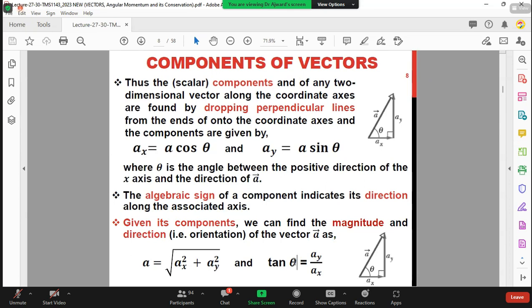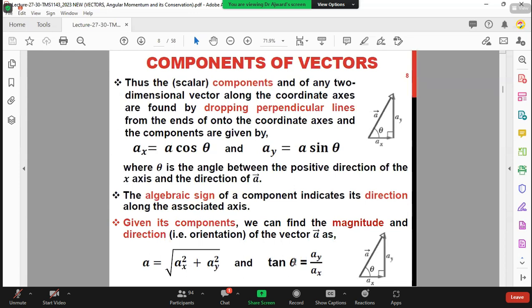So now you know what a vector is, right? They have magnitude and direction. And you know how to add two vectors using the graphical method, the head to tail method. Same goes if you have more than two vectors: you first add two vectors, then add the third vector. It doesn't matter if you have 100 vectors.